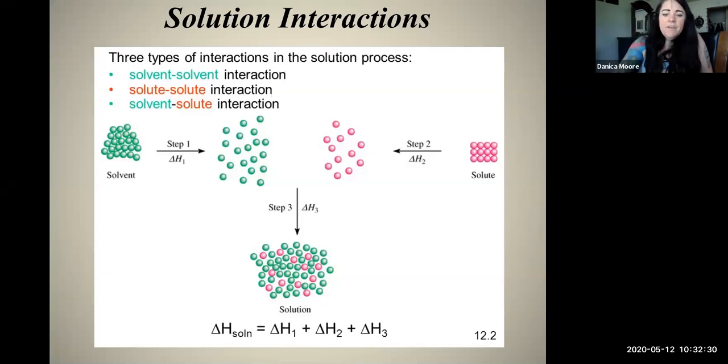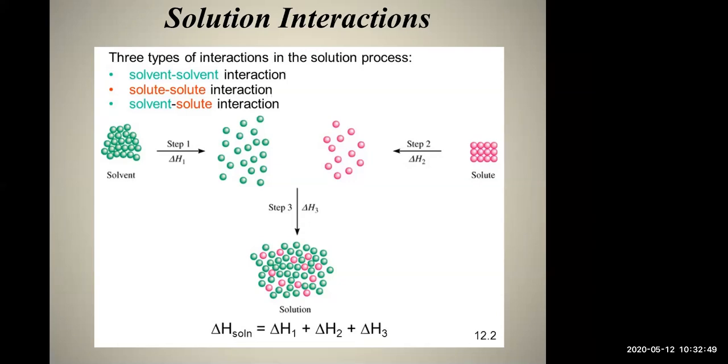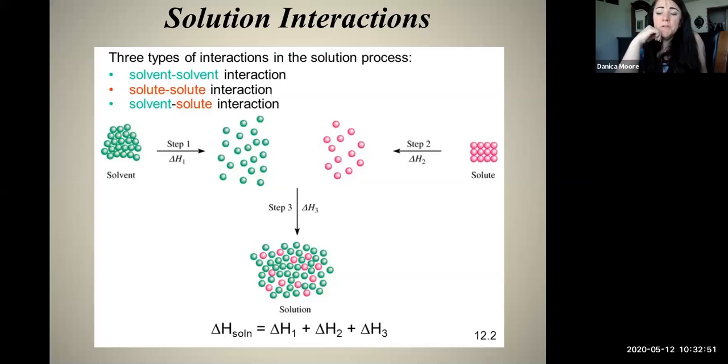Okay, so in this step 3, we're taking the solvent and the solute and we're mixing them together. So is this step 3 endothermic or exothermic? Exothermic, definitely. Here we're sticking things together.